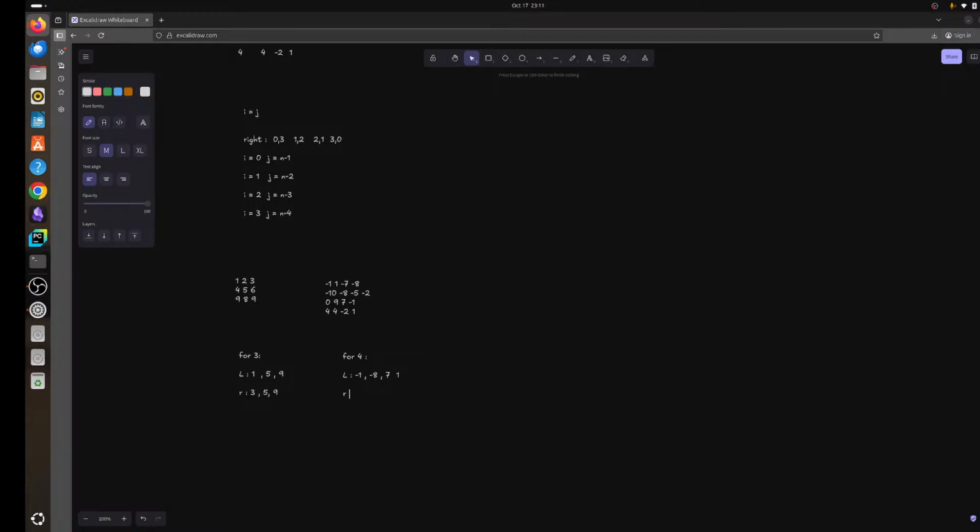Same in the case of the right also. 0 is n minus 1, 1 is n minus 2, minus 5, then 2 is n minus 3, right? And then in the last, it's 4. It's 4.